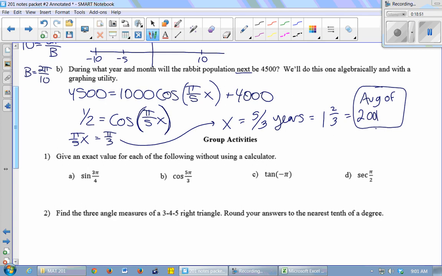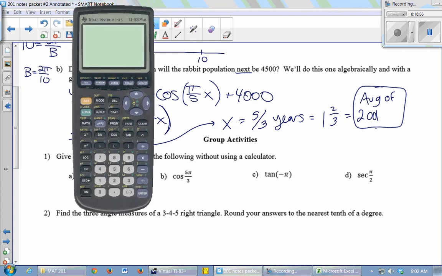All right. So let's just quickly show how this solution would happen graphically. So I've got my graphing calculator. You know what? I'm going to use GeoGebra. It's way better.